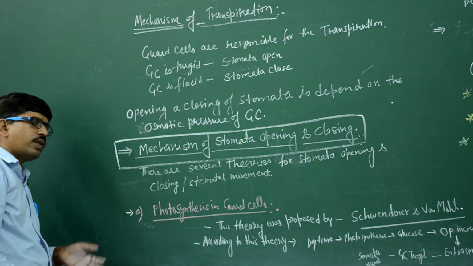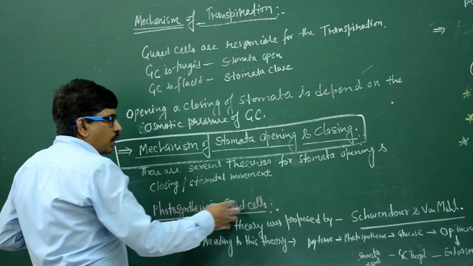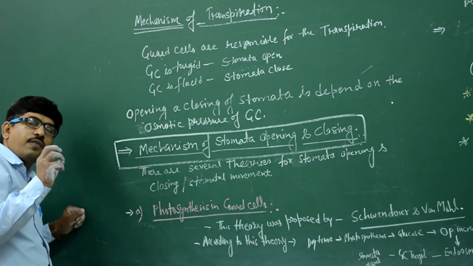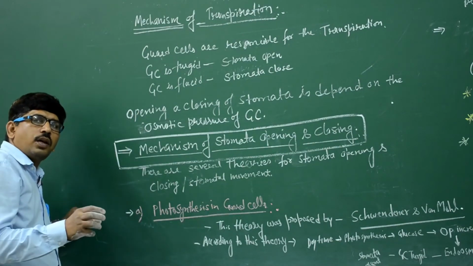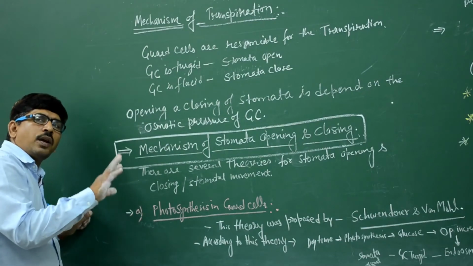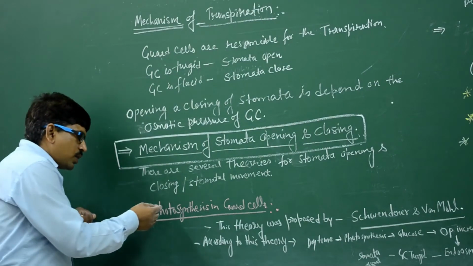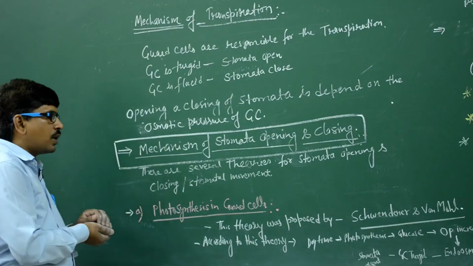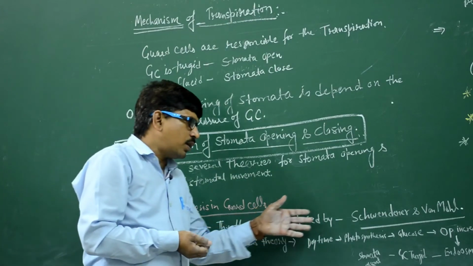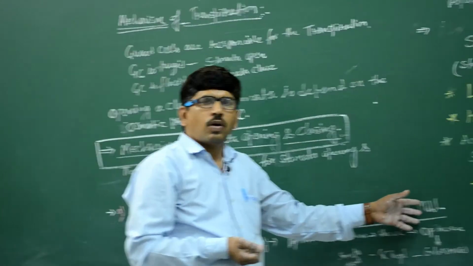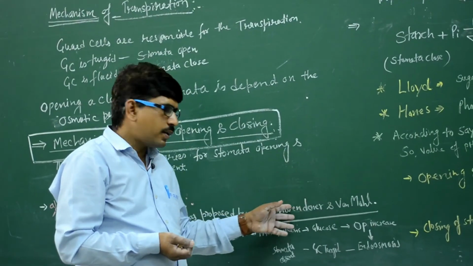Clear? The first one is photosynthesis in the guard cell. It is the first theory that explains the opening and closing of the stomata. This is proposed by Schwann and Von Mohl, scientists.